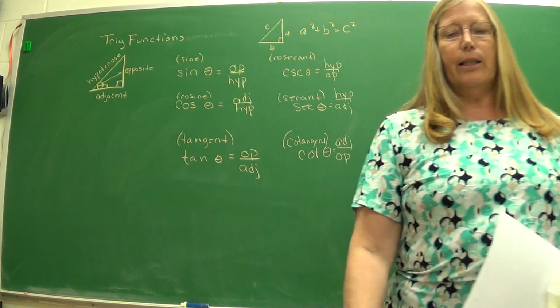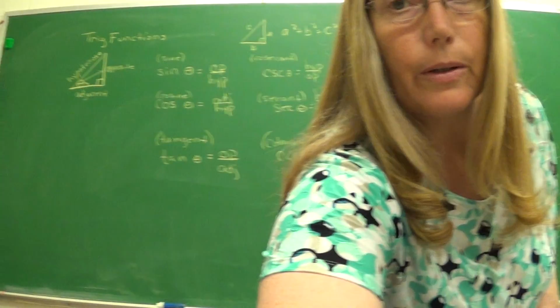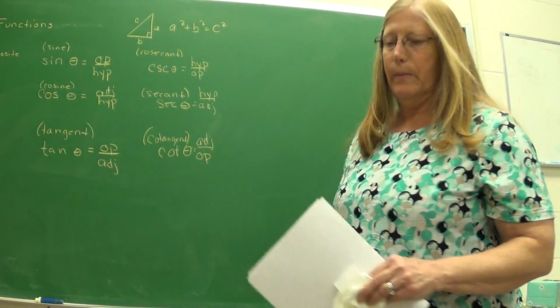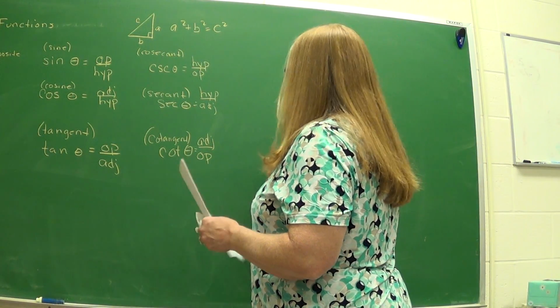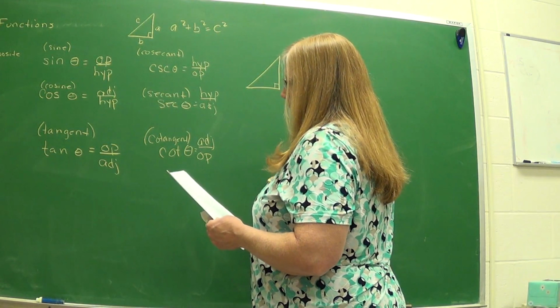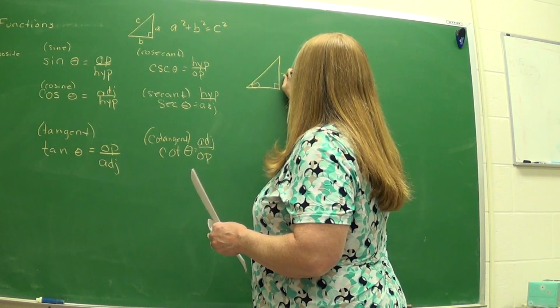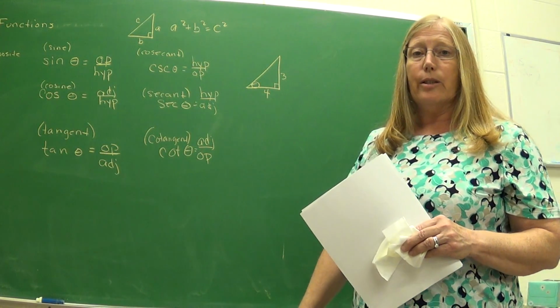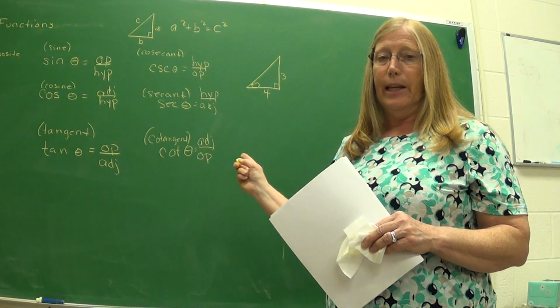We're going to use these today to do a problem or two. So with those still up, let's look at what a problem might look like. Suppose I give you a right triangle, and I give you theta, and I give you two sides on the right triangle, and I ask you to find the 6 trig functions from theta.